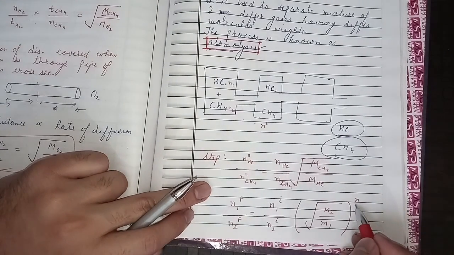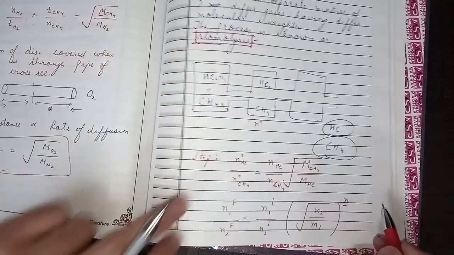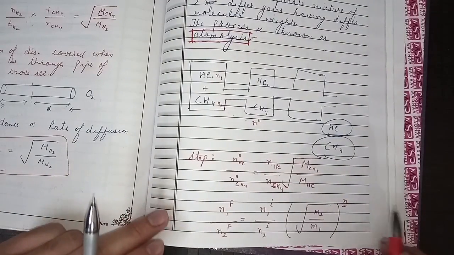Here n is the number of steps up to which we have carried this process.